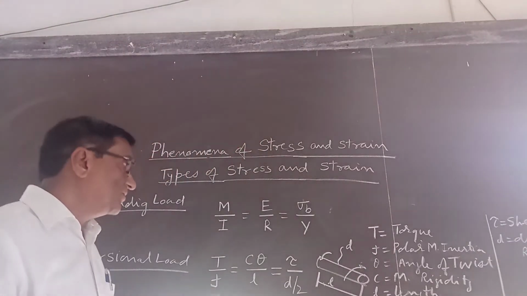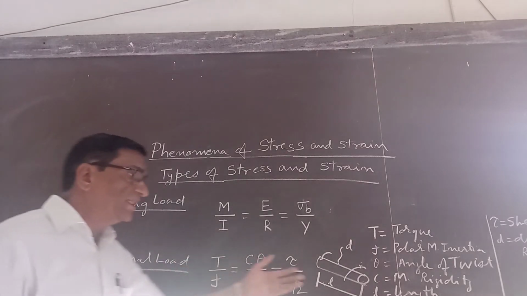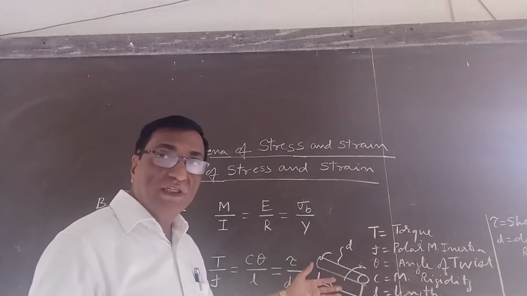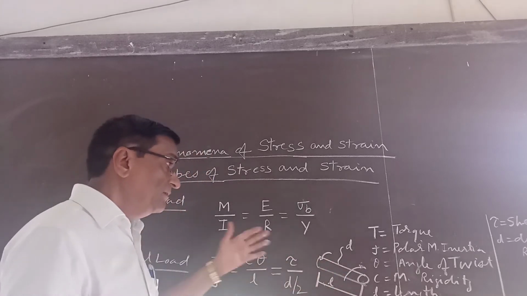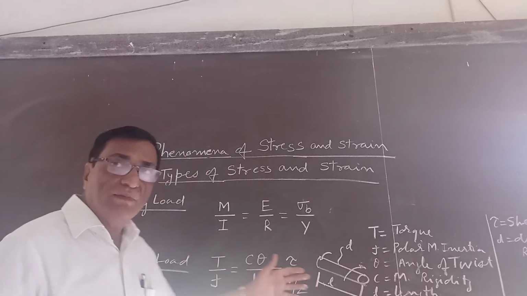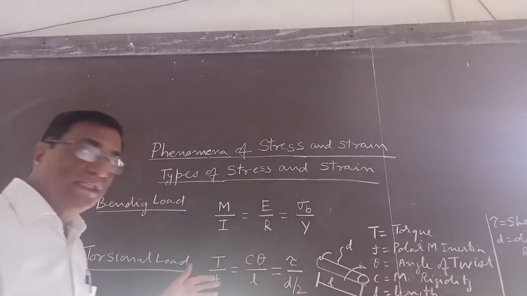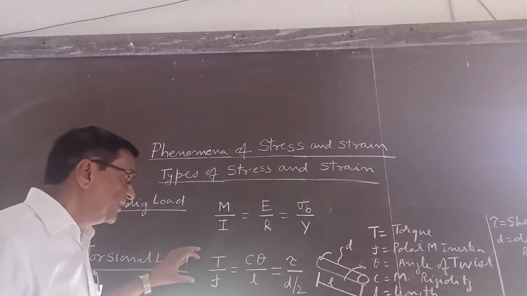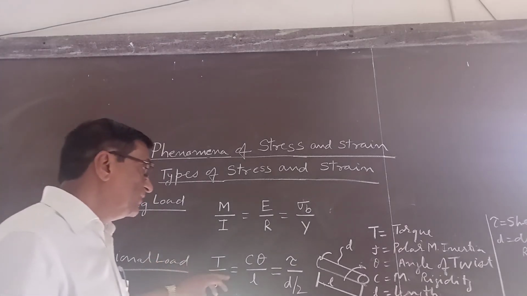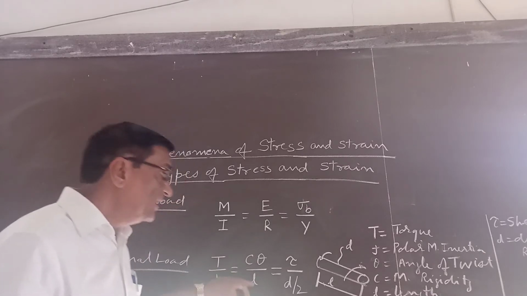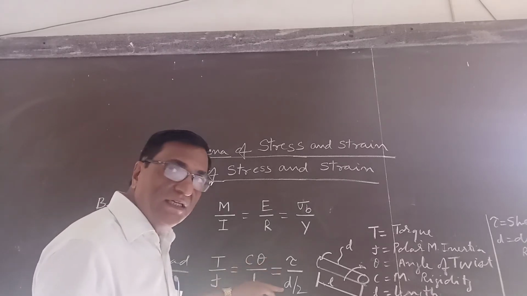The next is torsion. When the member is subjected to torsional load, torsional stresses will be developed. In that case, we apply the torsion equation, that is T upon J equal to C theta upon L, equal to tau upon D by 2.